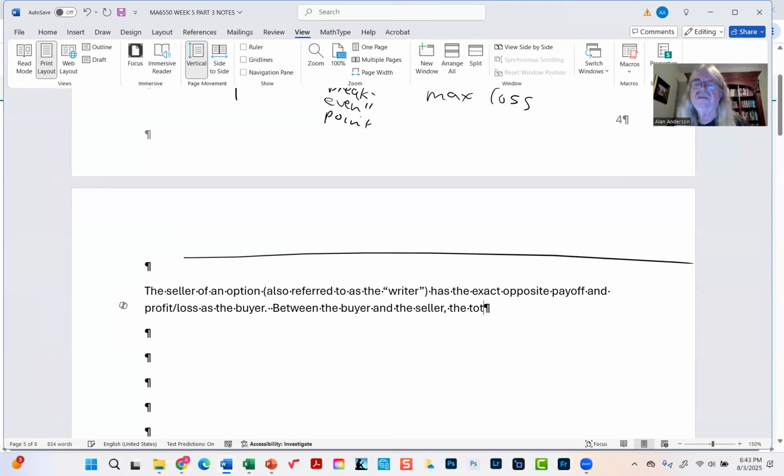It has to be. They can't both make money because they're on opposite sides of the same position.